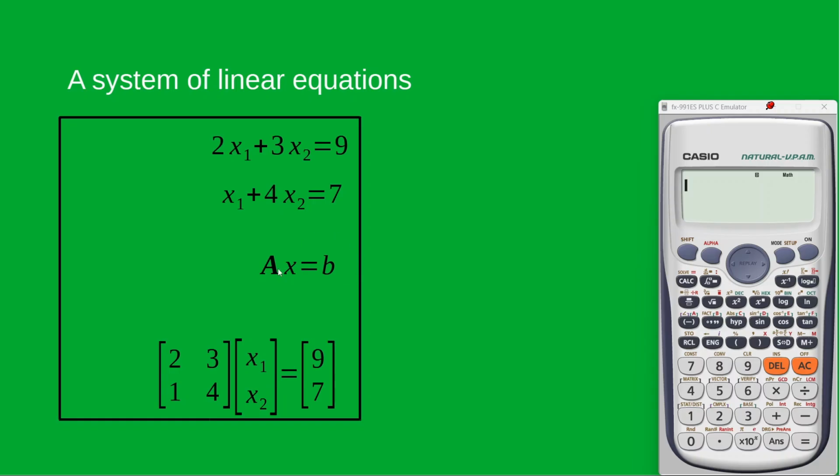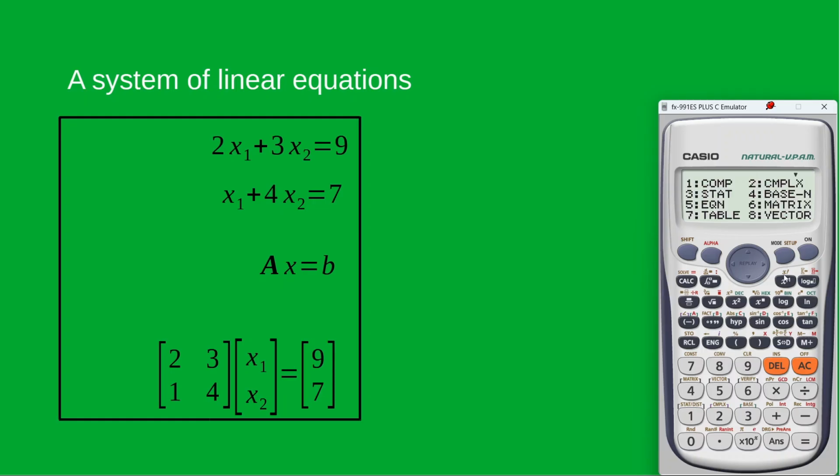Or in a very short way, it is written as AX equals B. The solution is found by pre-multiplying the left-hand side and the right-hand side by the inverse of A. So now let's do it. Before we start any fresh calculation, you should always go to Mode 1 to remove all the previously entered matrices.